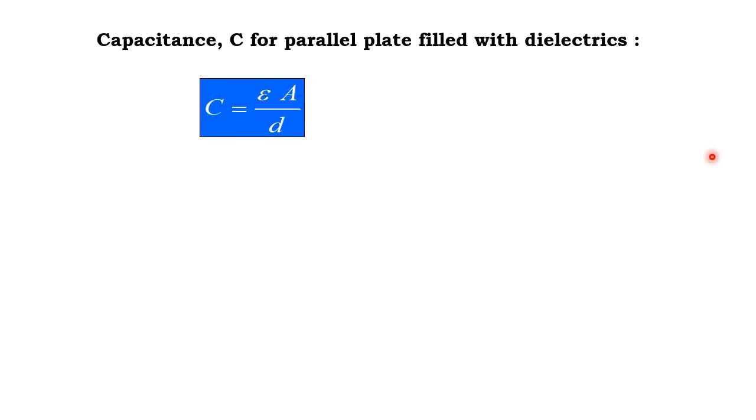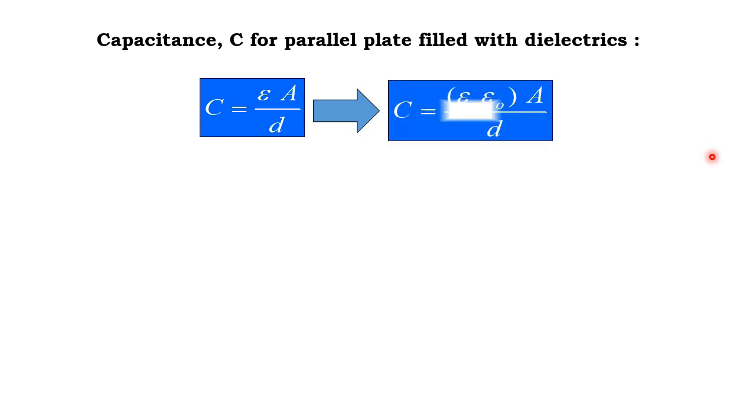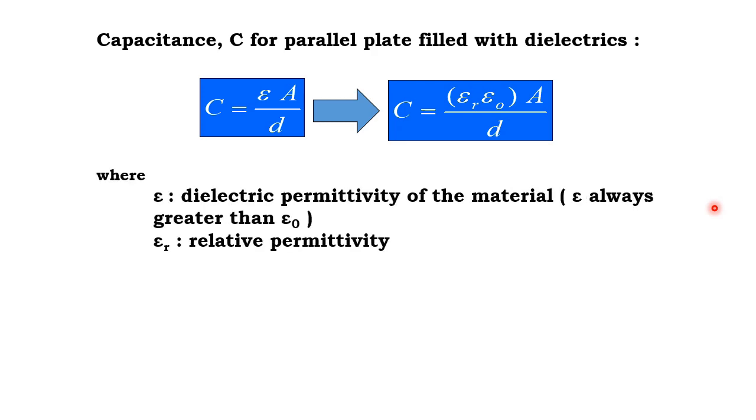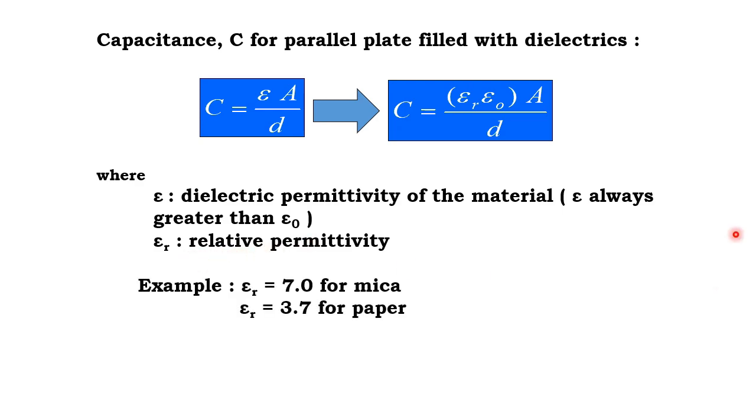This is the equation you use for capacitance if we have inserted any insulator. We use epsilon r epsilon naught A over d to replace epsilon. The dielectric permittivity epsilon is always greater than epsilon naught, and epsilon r is the relative permittivity, such as 7 for mica and 3.7 for paper.